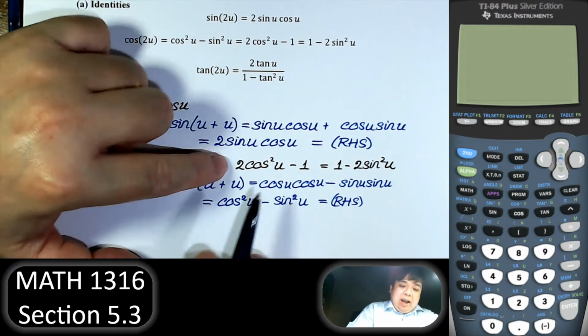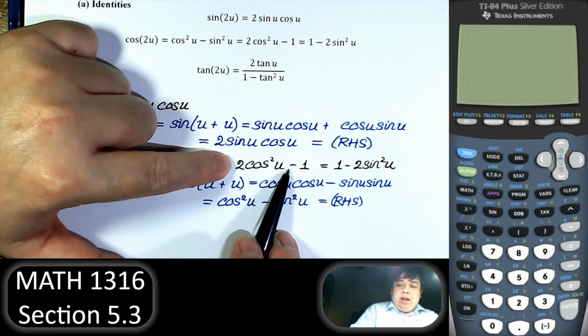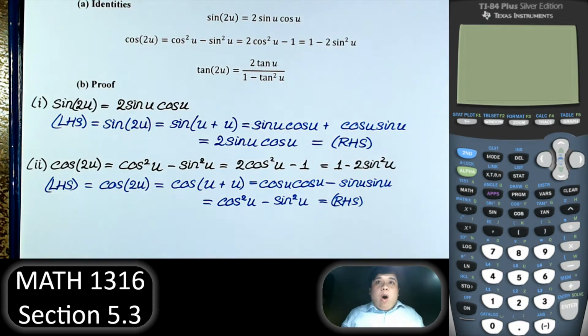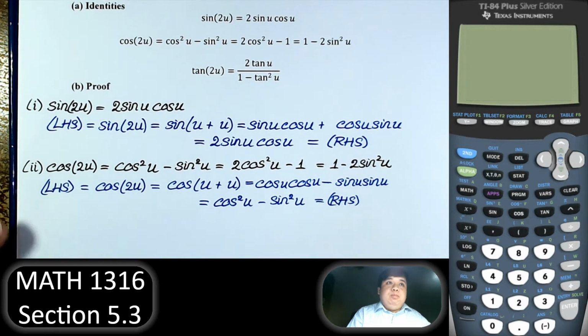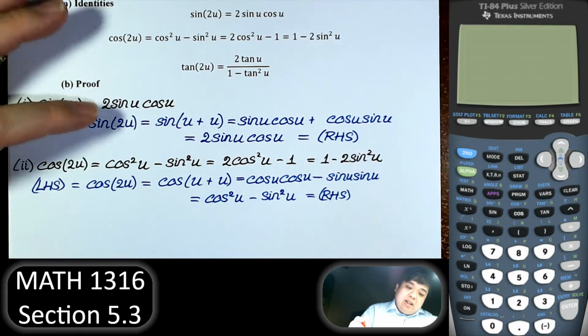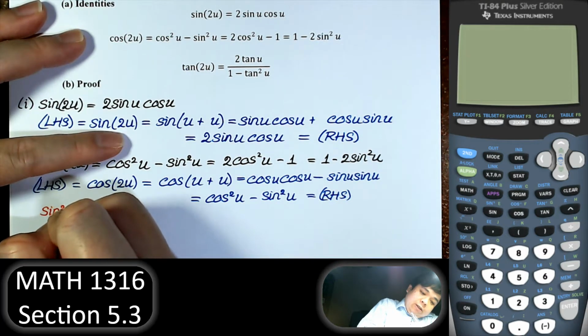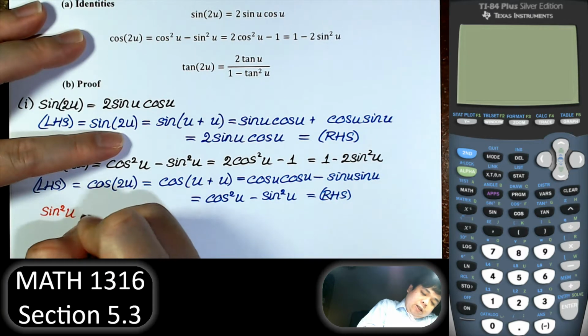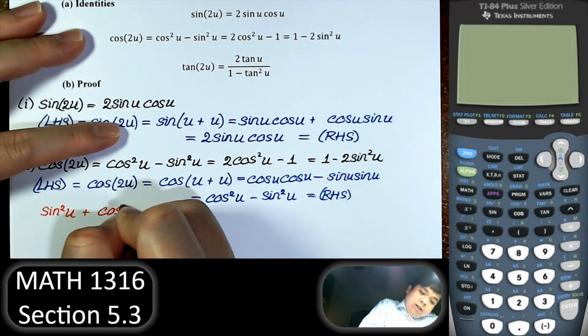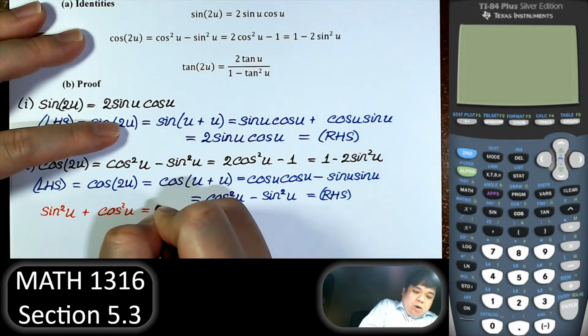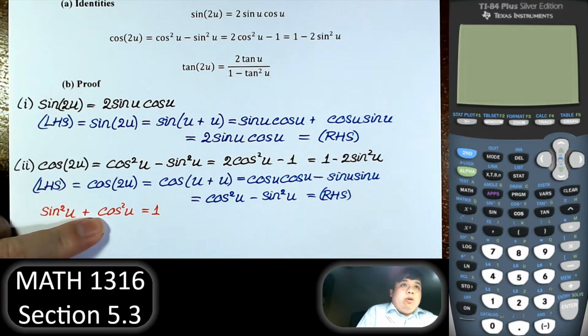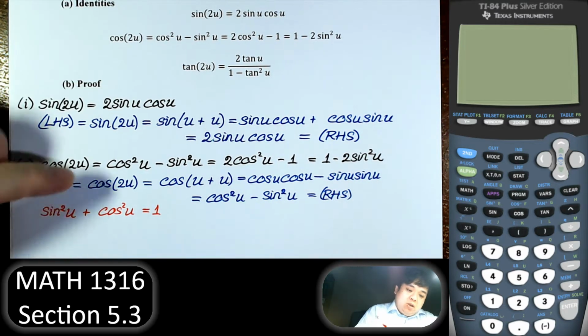Now how do we prove it equal to this? As mentioned before, quite often than not, every time when we have cosine square and sine square, we will use the Pythagorean identities. So sine square plus cosine square is equal to 1. So if we want to solve for cosine square, it is equal to 1 minus sine square.